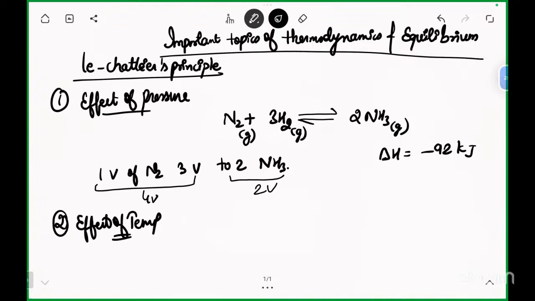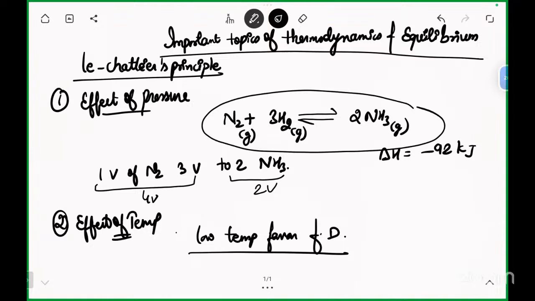Now, for the effect of temperature, low temperature favors the forward direction just because it's an exothermic reaction. This reaction is known as Haber's process. Just remember, sometimes it can be asked which process it is known as.